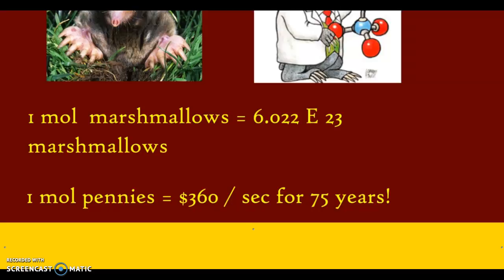That's a lot of pennies. Imagine that from the instant a person was born until they died at the age of 75, that would be $360 a second. Money would be worthless, wouldn't it, if we had a mole of pennies to our disposal? It's kind of crazy, isn't it? It's a lot of money.